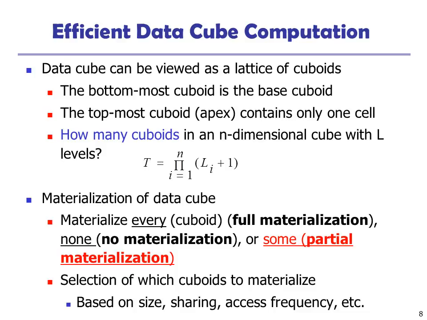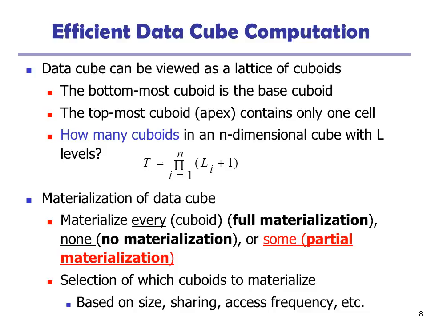Here Li stands for the number of levels associated with a given dimension i, and T stands for the total number of cuboids that you can come up with.